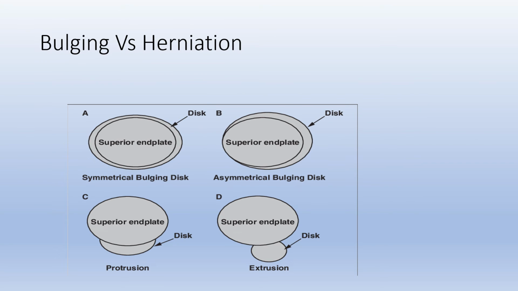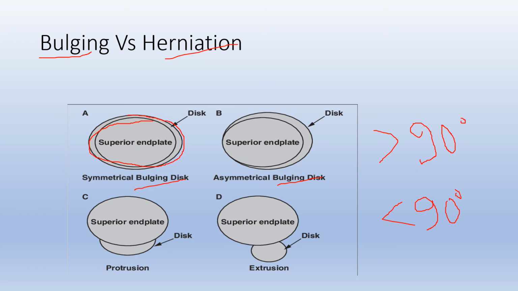Okay. So what are the differences between bulging and herniation? The basic difference is how much of the circumference is affected. In a bulging disc, more than 90 degrees of the circumference is affected, and in herniation, less than 90 degrees of the circumference is affected.